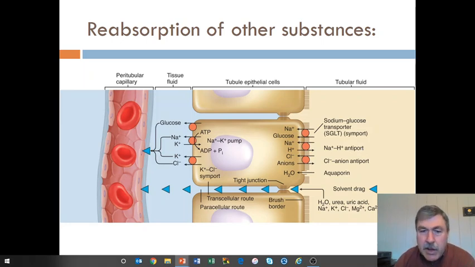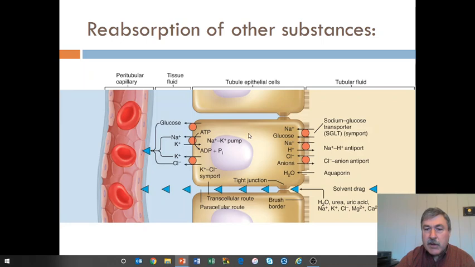And basically the way other substances are reabsorbed is by way of cotransport proteins. So they're cotransport or symport proteins in the luminal membrane. So when sodium diffuses down its gradient by way of these symport proteins, other substances like glucose piggyback on the sodium gradient.